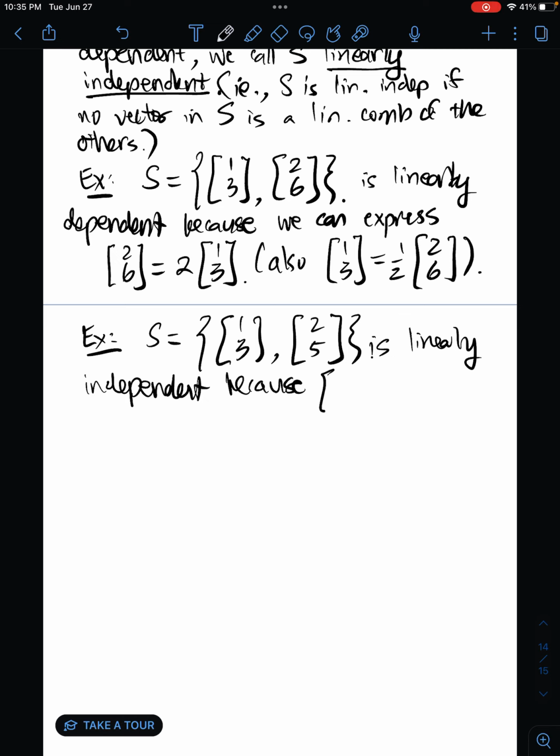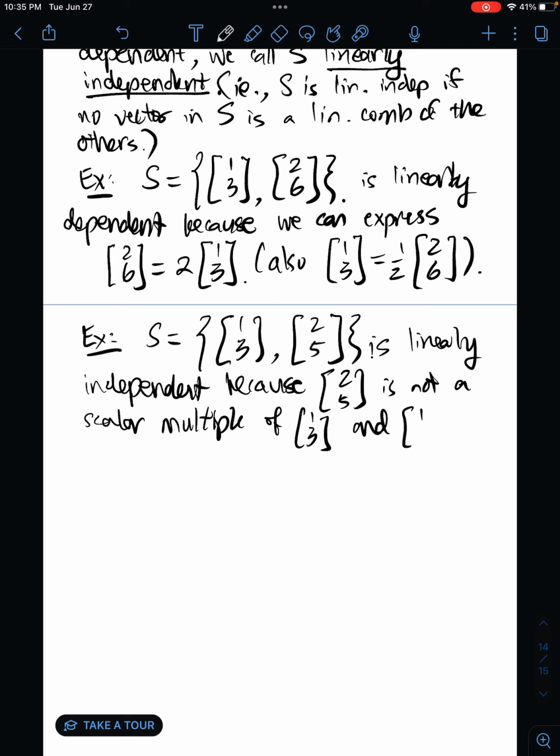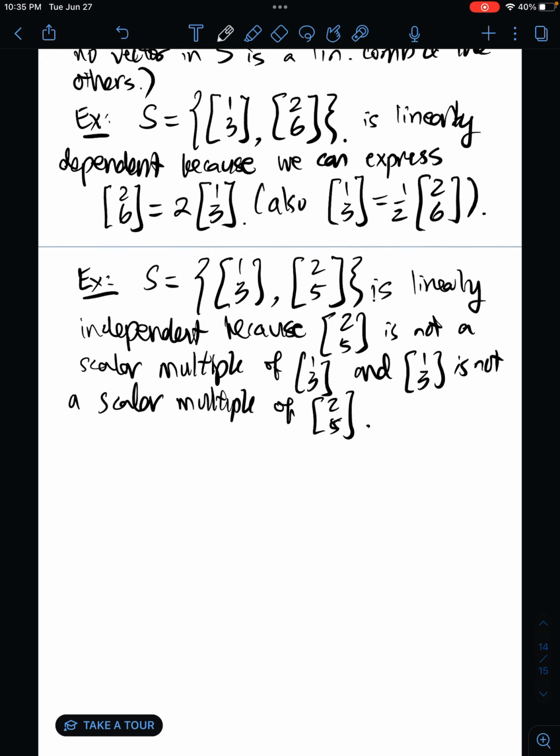So because (2, 5) is not a scalar multiple of (1, 3), and (1, 3) is not a scalar multiple of (2, 5), neither vector is a linear combination of the others.